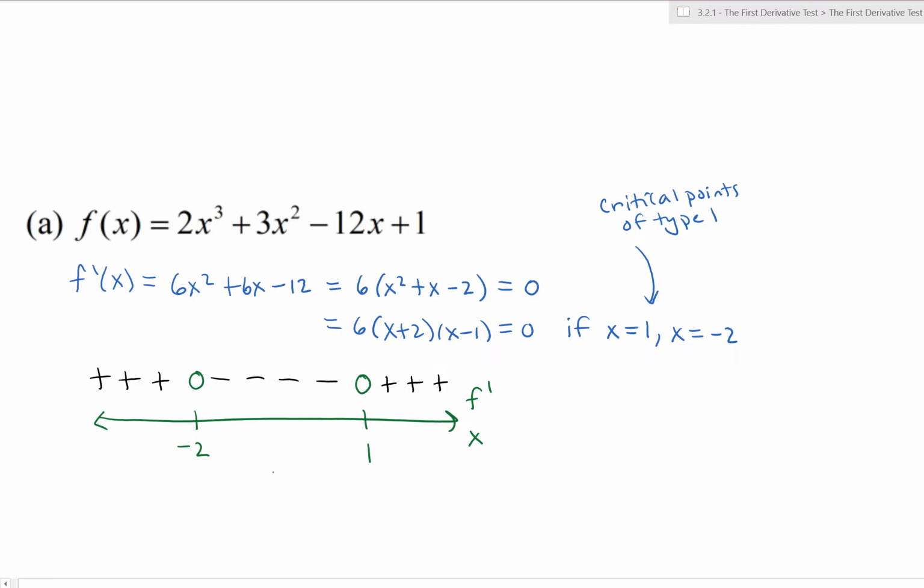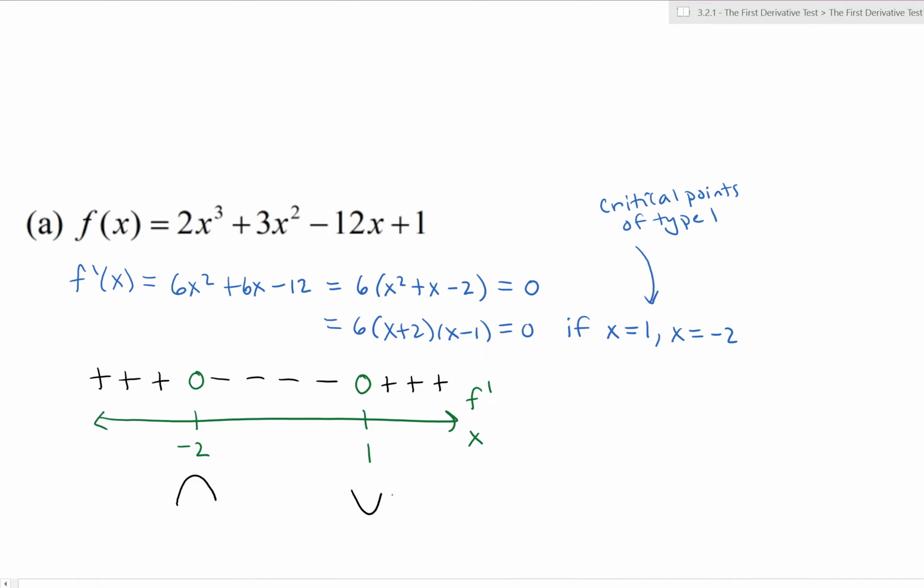And we can see that there are sign changes in the derivative at x = -2 and at x = 1. In particular, at x = -2, the derivative changes from positive to negative, and at 1, it changes from negative to positive. So at x = -2, we can expect some kind of hump like that, and at x = 1, some kind of hump like that.